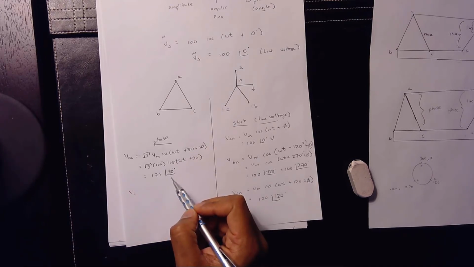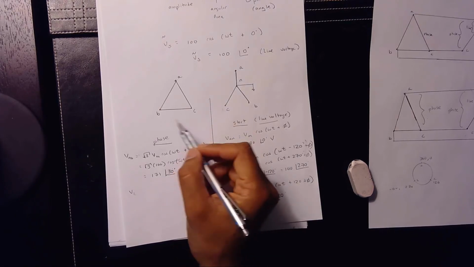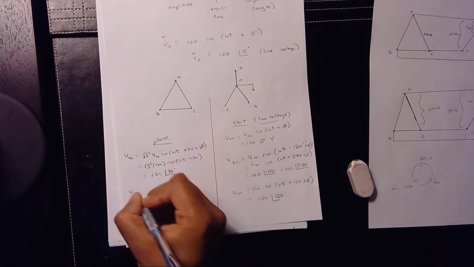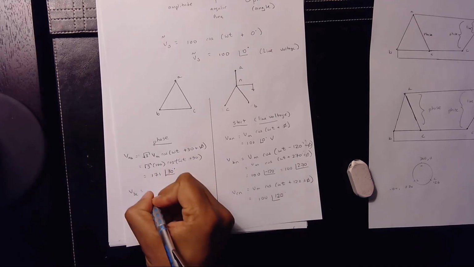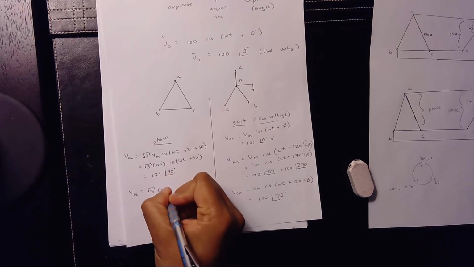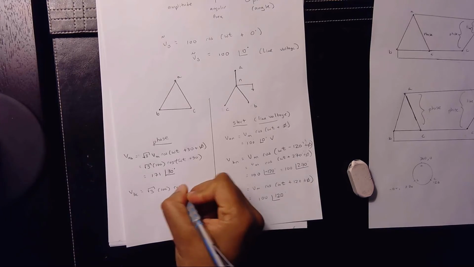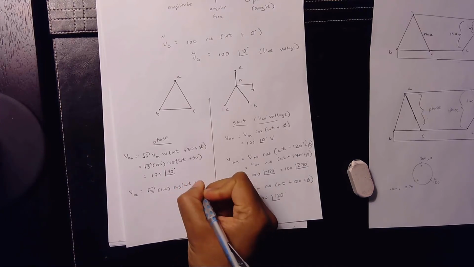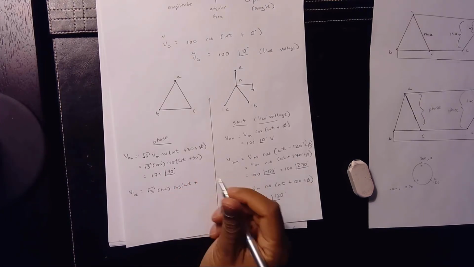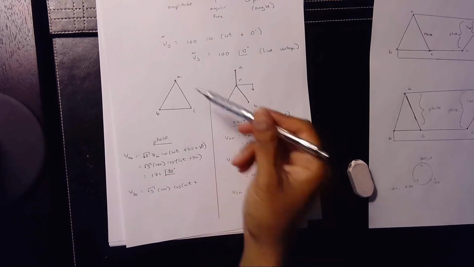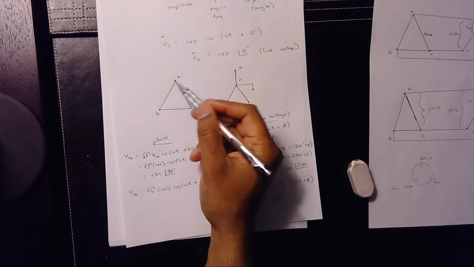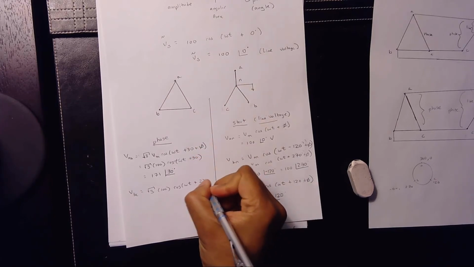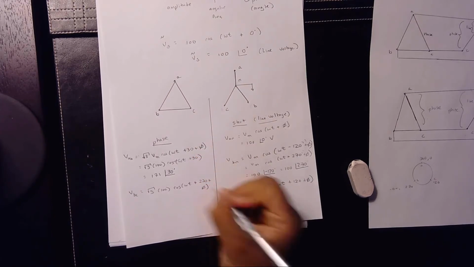Now, from B to C, let's look at B to C. V of B to C is what? It would be square root of 3 times 100 times cosine omega t plus what? It says minus 90, but you really want to be 270. So A to B is 30 off. This is 270 plus phi.